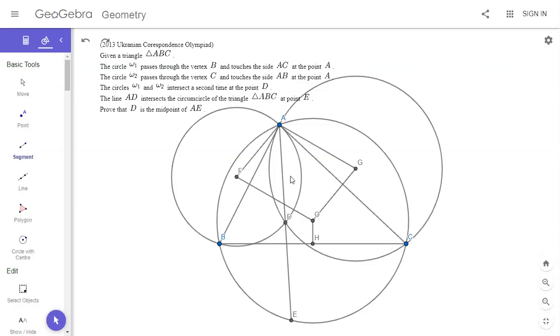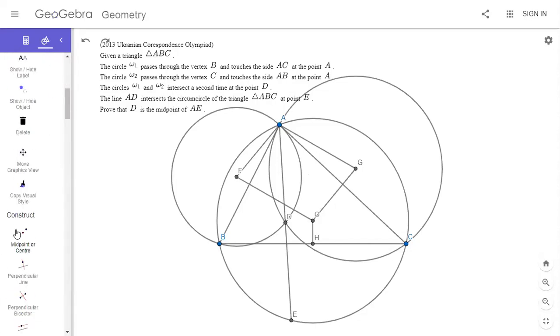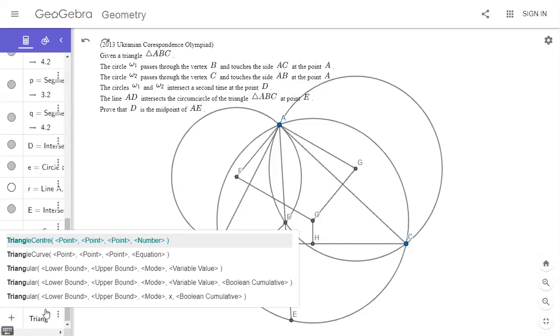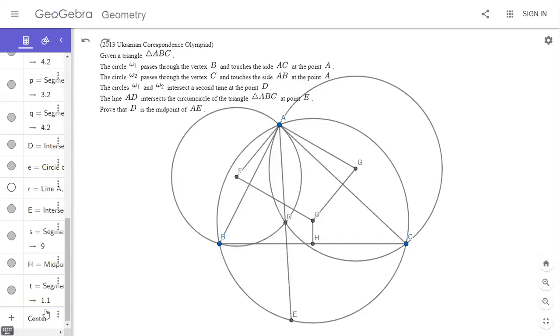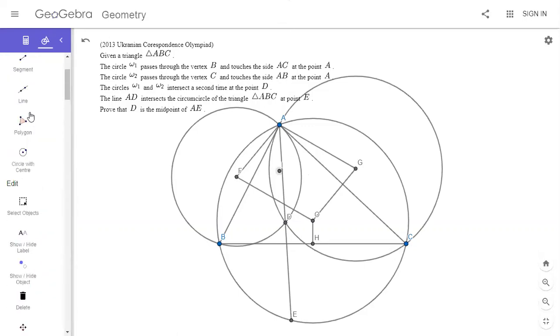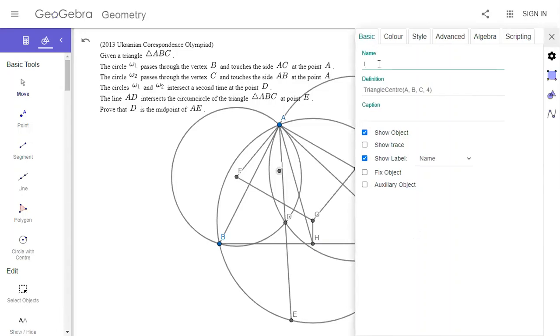Okay, so yeah, I'll construct the Humpty point. Isn't it fun using fancy words? So that's the median. Yeah, we should probably call this one H, not the other one.